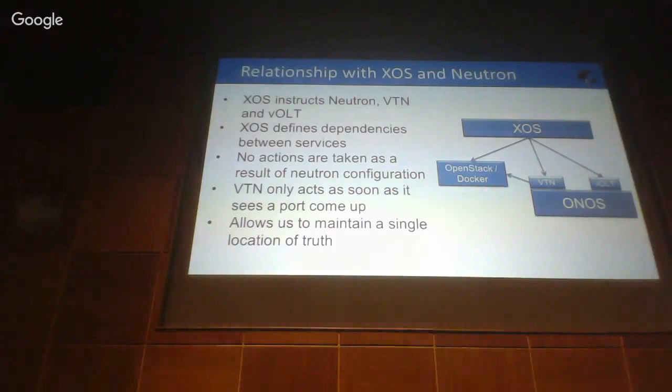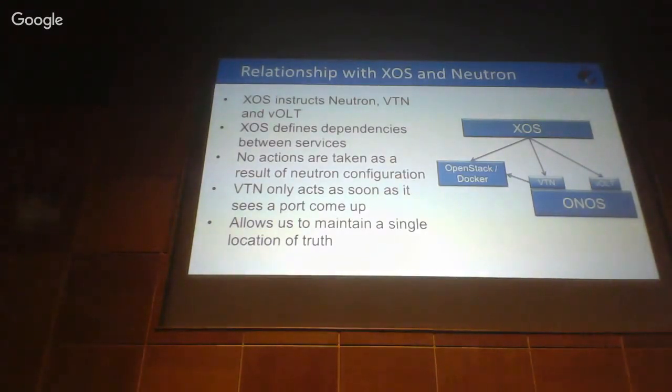Nothing happens, no action is taken, we just wait. As soon as a VM or a container is plugged into OVS, then ONOS realizes, hey, there's a new port on this switch. And then VTN will go off and ask Neutron, hey, what's this port about? Which virtual network is it part of? What are we going to do to configure it?